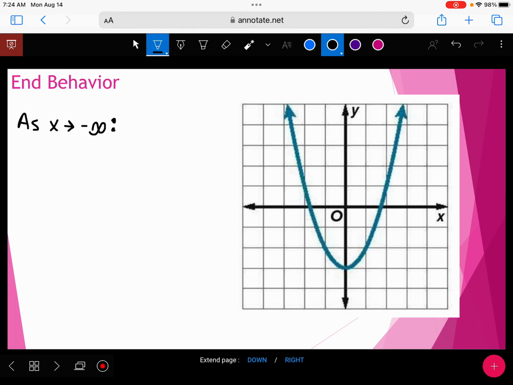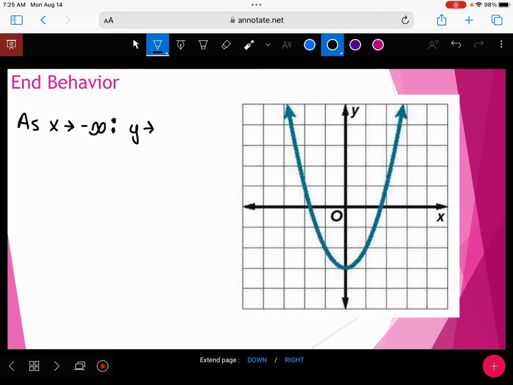Put colons here so we can see it. y approaches, I have to figure it out. This sentence is always going to be the same thing, this part of it. As x approaches negative infinity, y approaches, and then we've got to figure out.